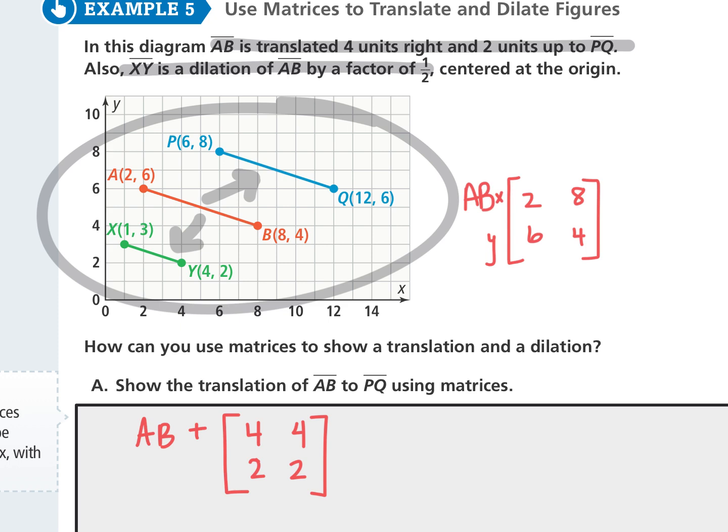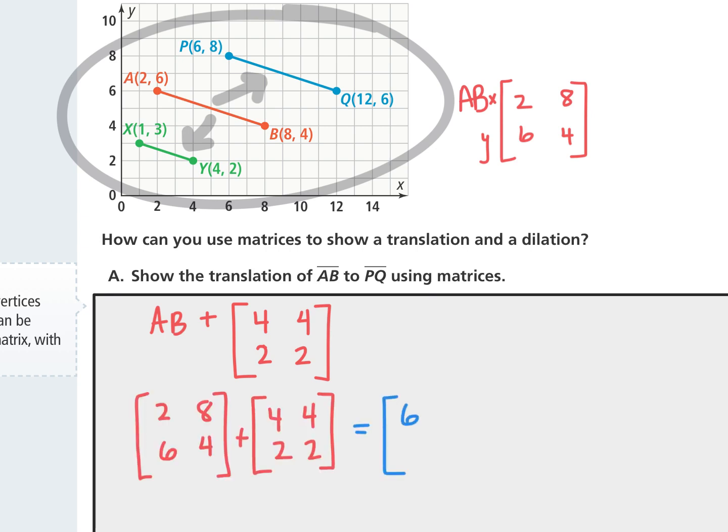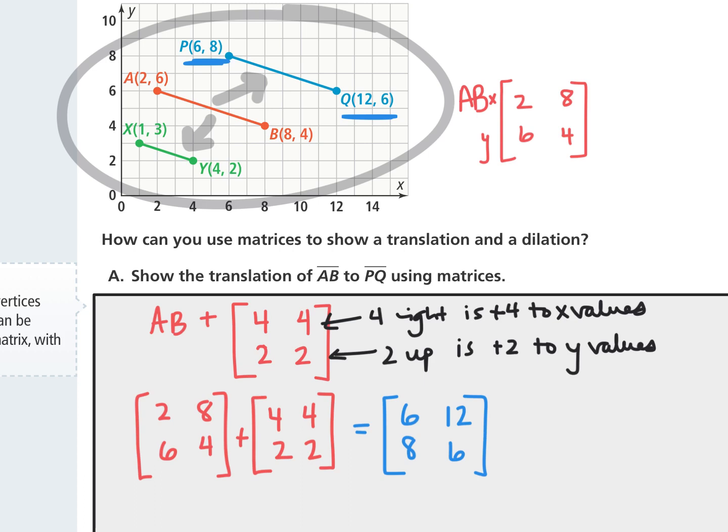And that will create PQ. And notice when I add this, I'm going to get 6, 12, 8, and 6. And that corresponds with those ordered pairs I was given for PQ in the beginning. 6, 8, and 12, 6. All right, and then I added these notes if they're helpful for you about why we're picking those values.